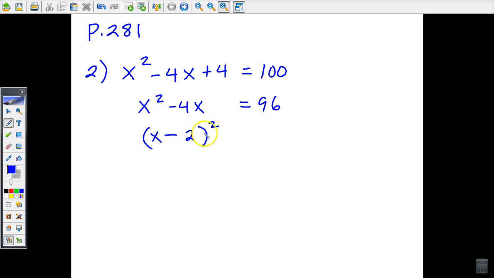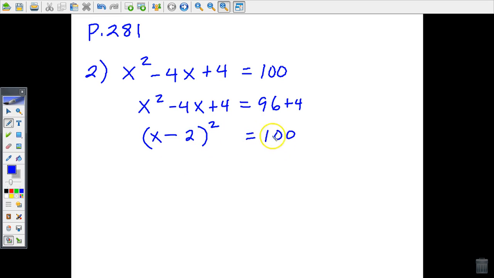If I square negative 2, I add 4 to both sides, I'm just back to where we started. Okay, so that's on these first 3 problems. Since they're starting off easy, you can just jump right in and factor that trinomial as a perfect square trinomial.